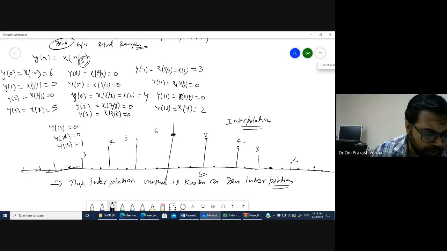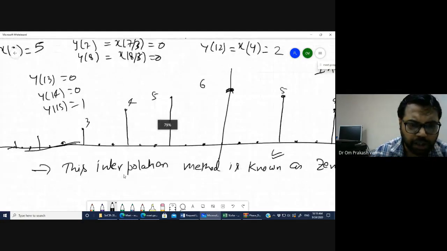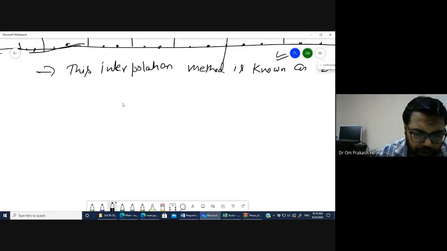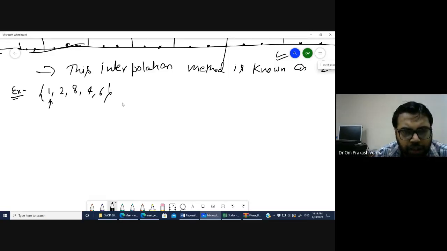So I think you understand these things. I'm coming to the next part. Let's say I'm taking one example for your better understanding. Let's say 1 2 8 4 6 is given, with the arrow here. Now the question asked by your teacher: decimate the signal by 2. It means you are giving n equals 2n.